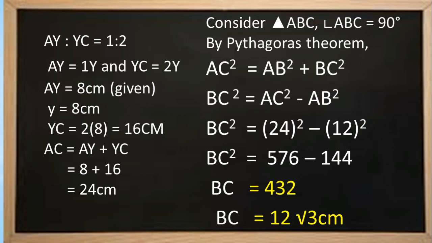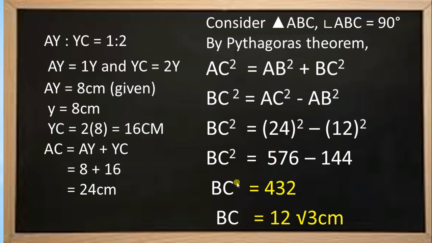BC square is equal to AC square minus AB square. We have calculated AC as 24 in the second step, and AB is equal to 12 centimeters as given in the question. Hence the value of BC square is 432. BC will be equal to 12 root 3.